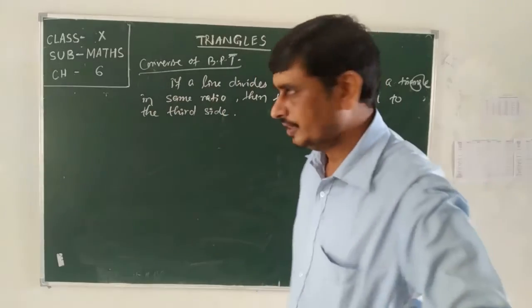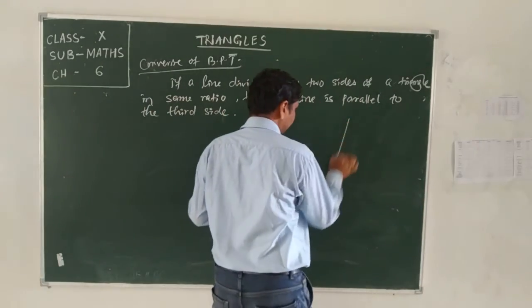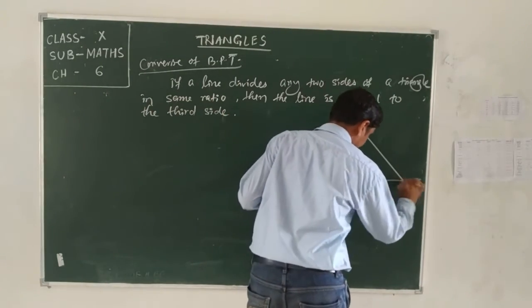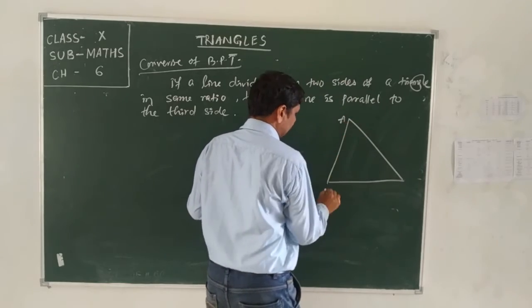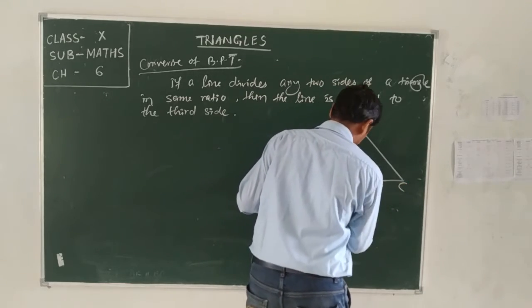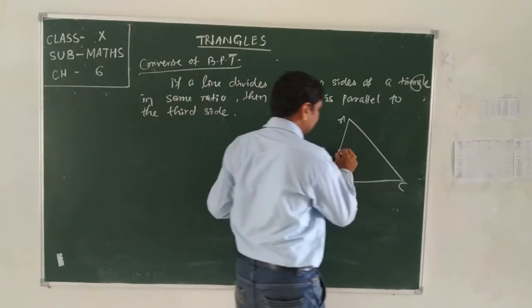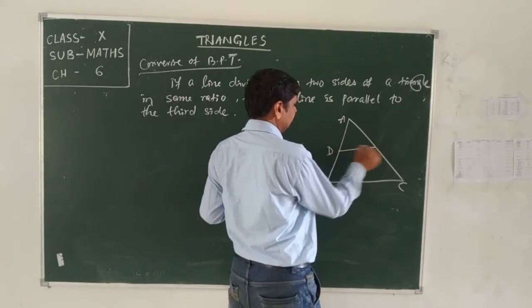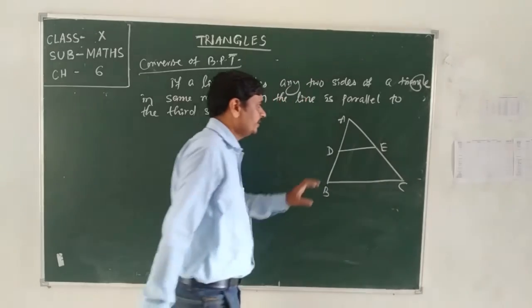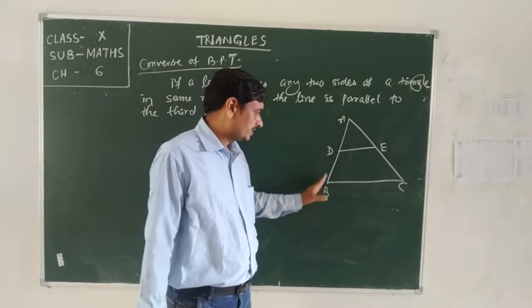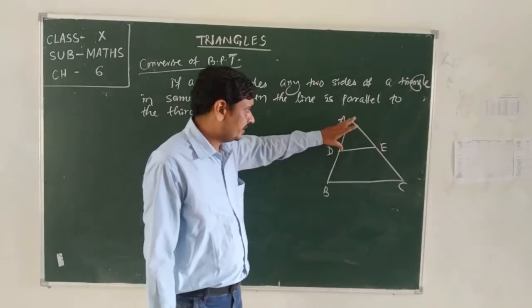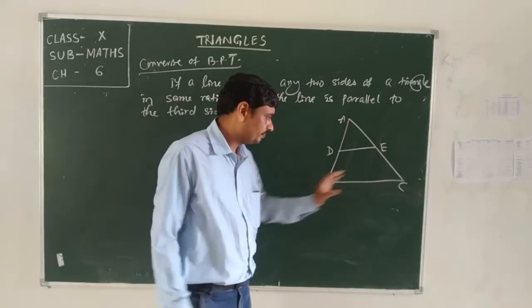Here, according to this diagram, let ABC be a triangle and a line is drawn. Let DE be a line drawn where the sides AB and AC are divided in the same ratio.